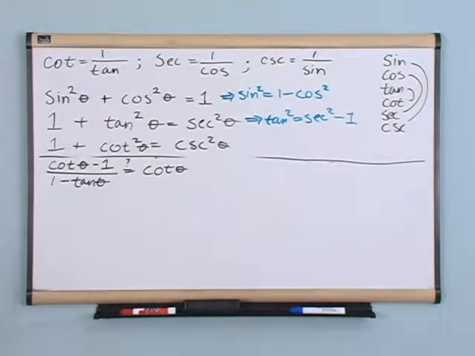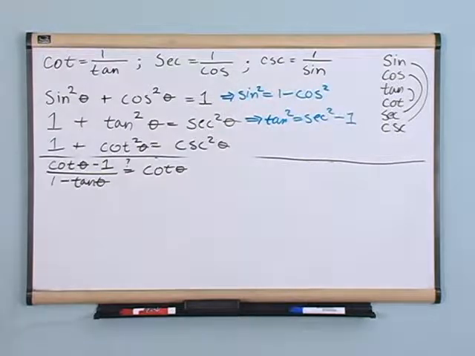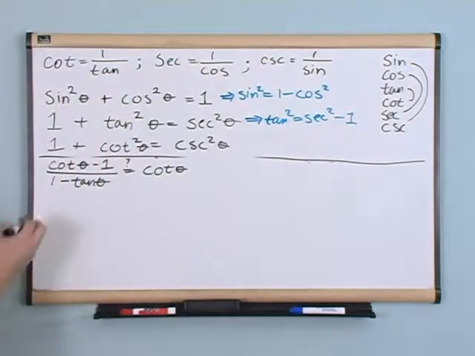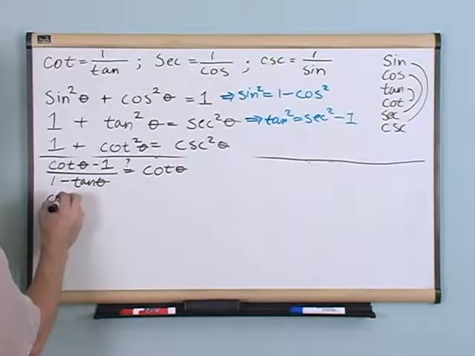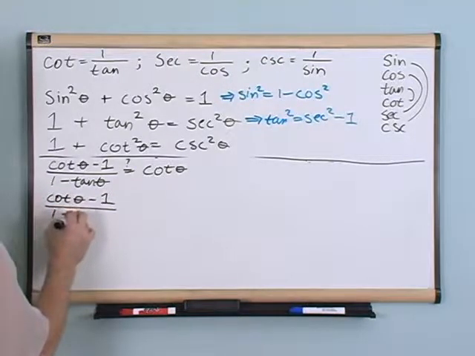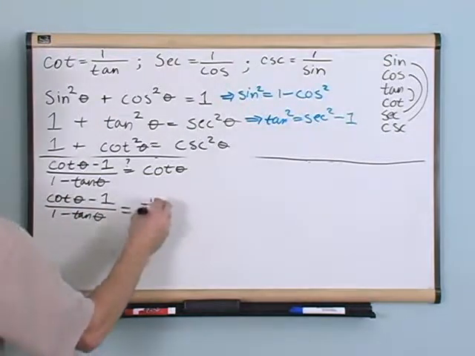What I want to try to do next is I've got a cotangent here and a cotangent here and a tangent here. So it may not seem immediately obvious what to do next, but I do know that I can write this cotangent in terms of tangent. So let's do that. Just rewriting the left-hand side of the board equals cotangent is 1 over tangent.